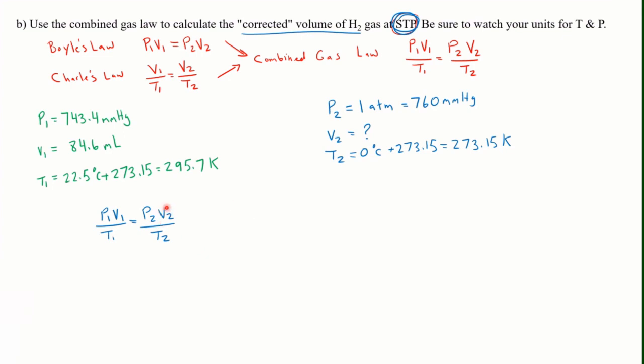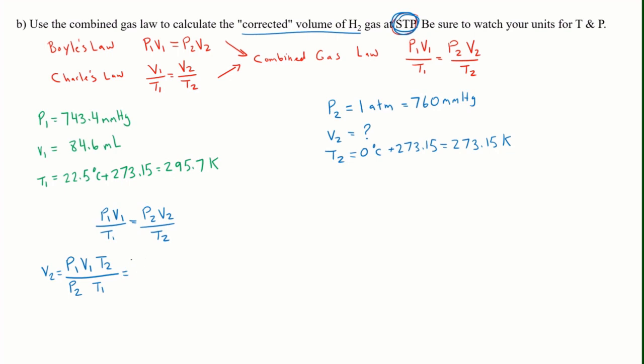So I could rewrite the equation and say that V2 will equal P1 V1 times T2 over P2 T1. Okay, now I could plug in the numbers.